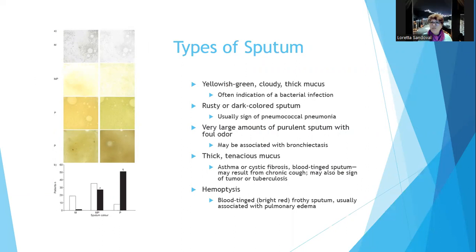Nurses are always interested in people's bodily secretions and what color they are, because they can be diagnostic or indicative of certain conditions. So if your sputum, the stuff you cough up out of your lungs, is yellowish green, cloudy, or thick, it's often indicative of a bacterial infection. In fact, if anything in your body is yellowish green, it's often indicative of a bacterial infection.